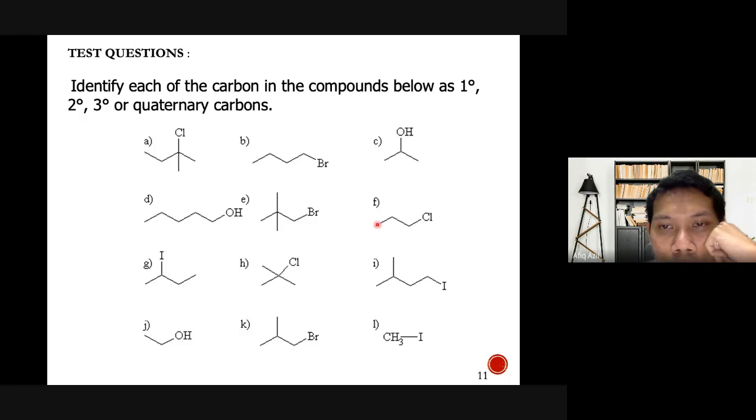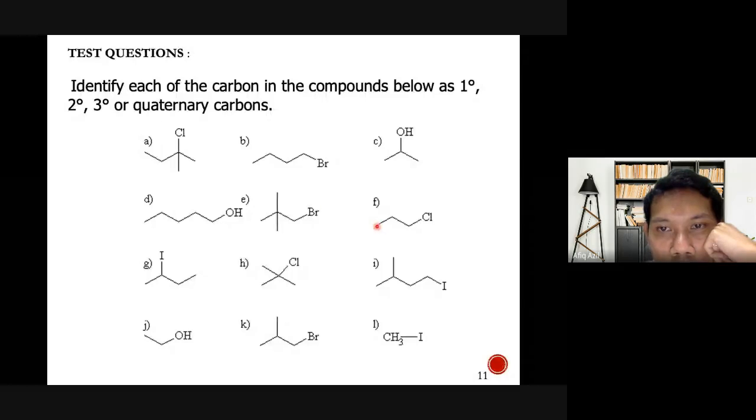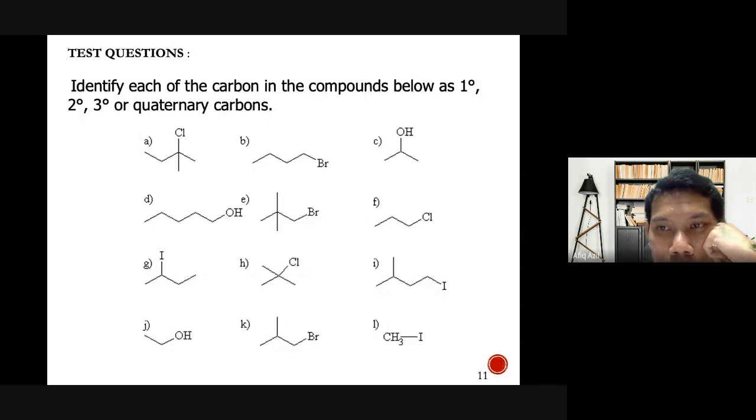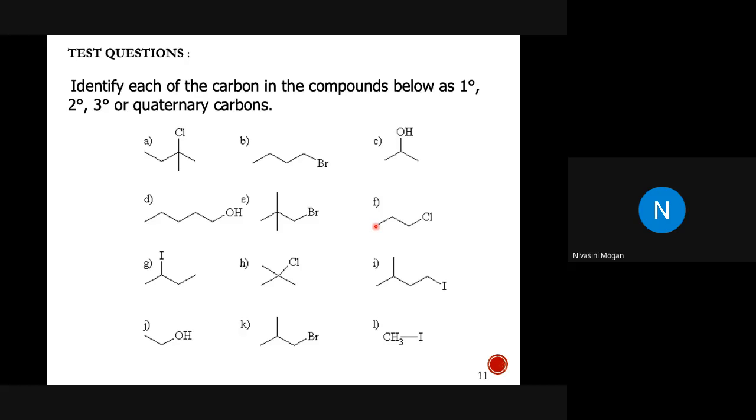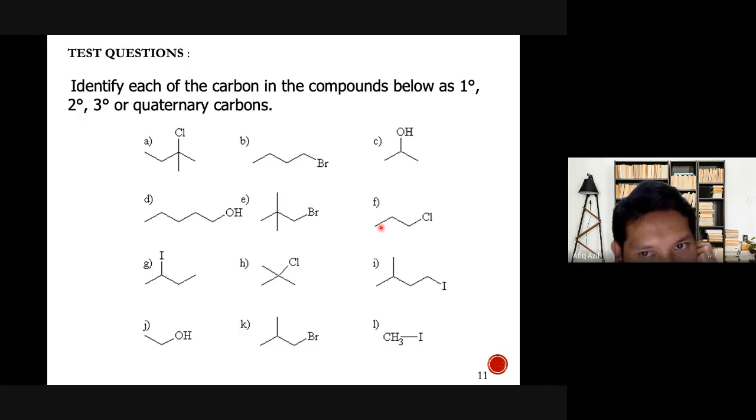So for F, any volunteers? How about Nivasini? Or the class rep? Yes, sir. The first carbon is primary. Okay, primary.